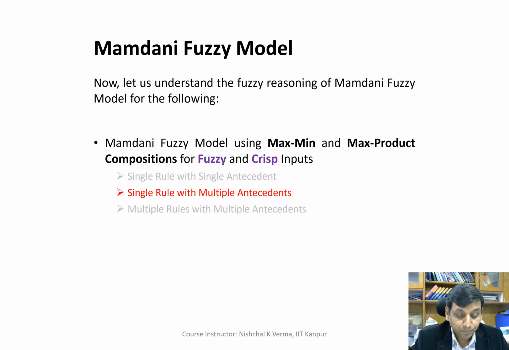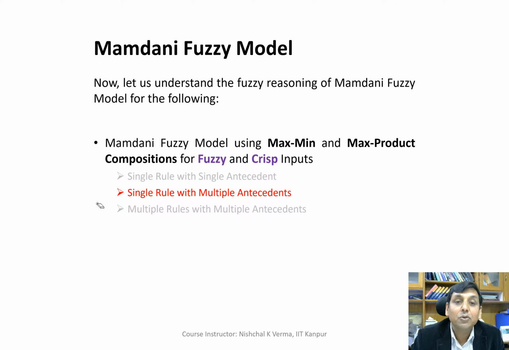result. Now let us move to this second scenario where we have the single rule with multiple antecedents. So we have a Mamdani model here which has only one rule, but this rule has multiple antecedents, meaning the premise part has multiple antecedents.